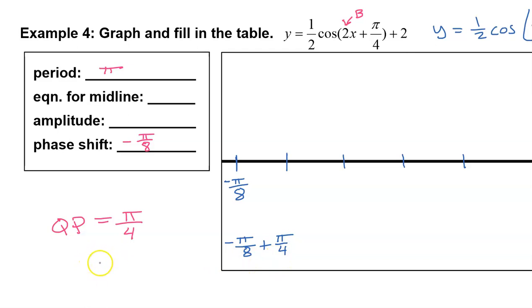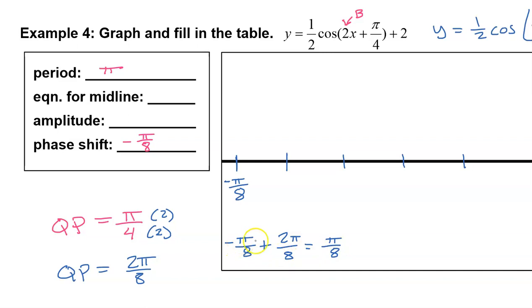Of course, pi over 4, if you were to multiply the numerator and denominator by 2, gives you 2 pi over 8. So that's another way of saying the quarter period. So I'm adding the quarter period, but I'm going to write it as plus 2 pi over 8, so I have like denominators. That is going to give me pi over 8.